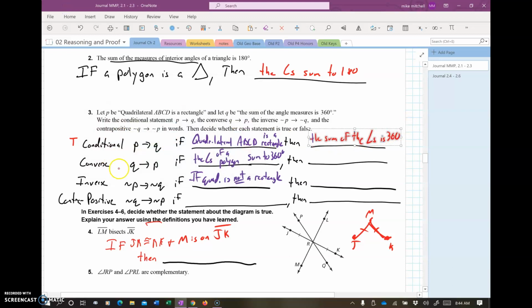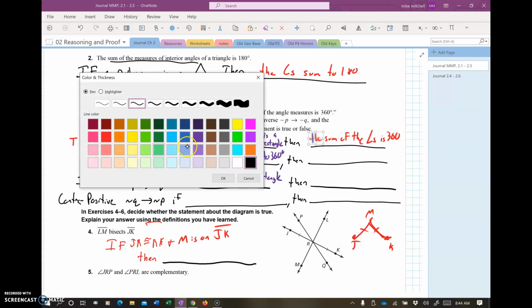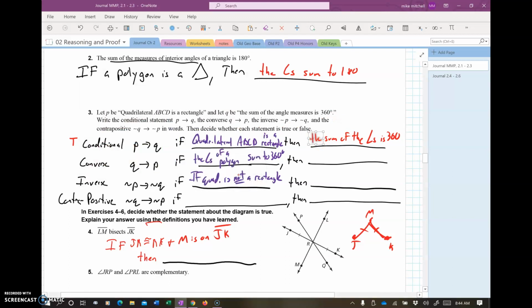Okay. Converse, if Q then P. I'm just going to switch around these parts here. Like I said, you heard me say it earlier, I had to change the language up a little bit. The angles of a polygon sum to 360. Well, this is my P right here, so it's going to come in back.